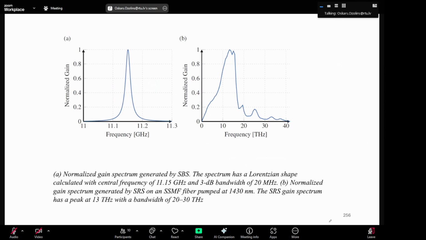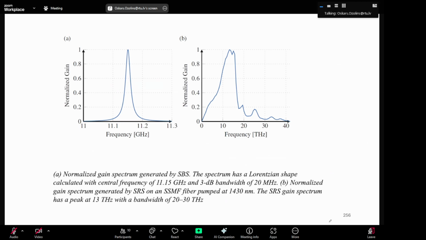We can get different types of effects. For example, here we have a normalized gain spectrum generated by stimulated Brillouin scattering, which has a Lorentzian shape.